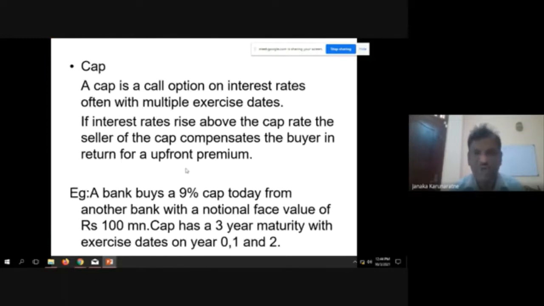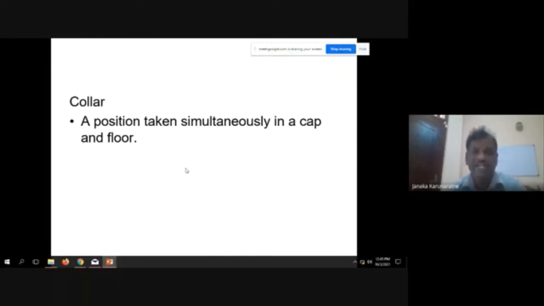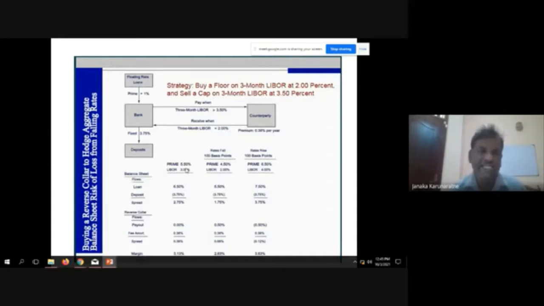Caps, floors, and collar. So a collar is a combination of cap and floor, where you buy and sell simultaneously, which is called a zero cost collar. Now here, this example strategy: buy a floor on 3 months LIBOR at 2% and sell a cap on 3 months LIBOR. So this is something like oil hedging. It's not a futures contract, right? Okay, so we will look at caps and floors probably next class.